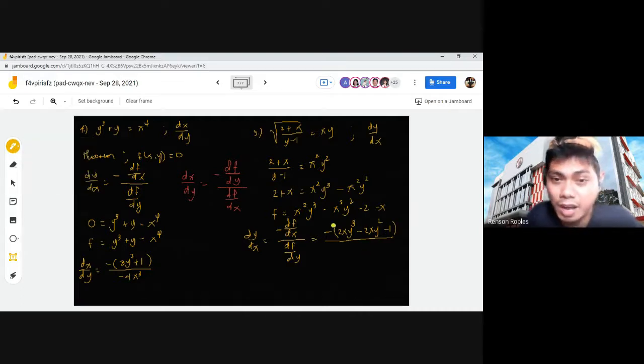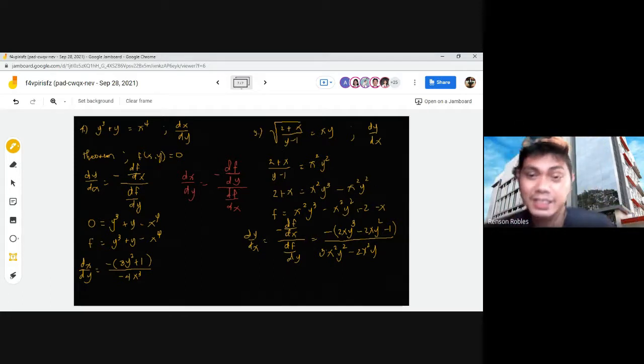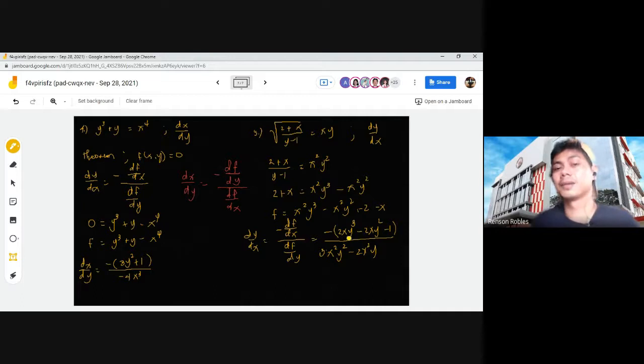Then in terms of y, x squared, then y cubed, 3y squared. In terms of y, negative, copy x squared, differentiate y squared, 2y. In terms of y, 0. In terms of y, that's another 0. And you're done. Okay na yan.